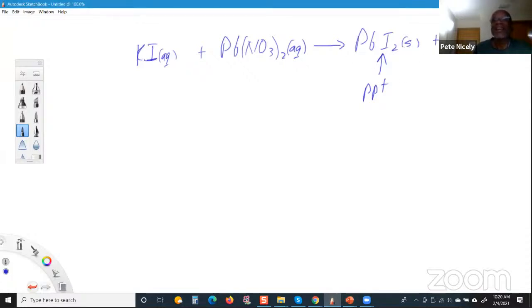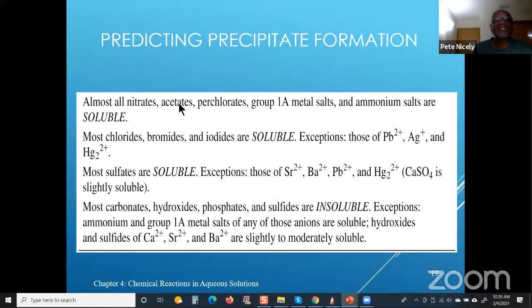The first rule will predict that the potassium nitrate is aqueous, because going back to the rule, it says that all nitrates are soluble, right? So any nitrate, it doesn't matter, will be soluble. So we know that potassium nitrate will be soluble. Furthermore, potassium belongs to group 1A, and it says here, all group 1A metal salts are soluble.